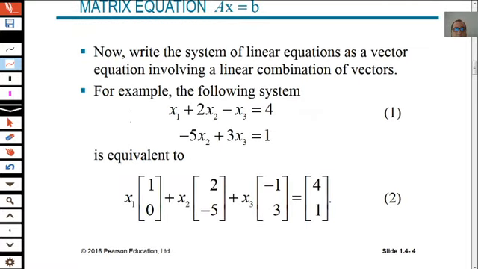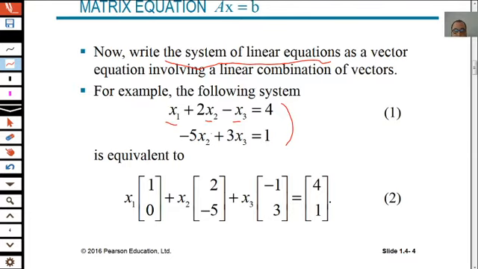So now write the system of linear equations as a vector equation involving a linear combination of vectors. So we have a simple system here: two linear equations including three variables, x1, x2, x3.